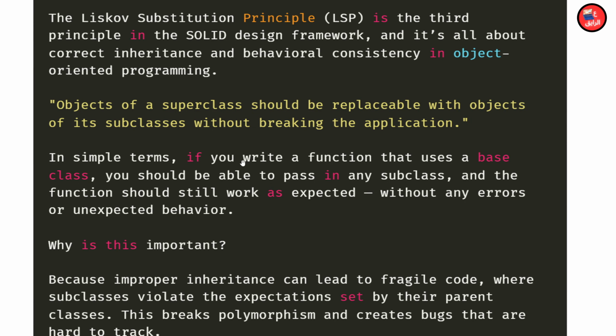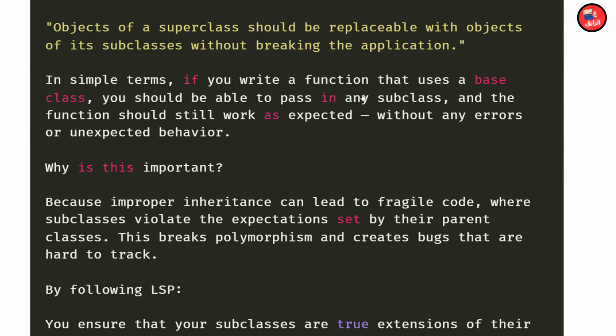Okay? In simple terms, if you write a function that uses a base class, you should be able to pass in any subclass and the function should still work as expected without any errors or unexpected behavior.